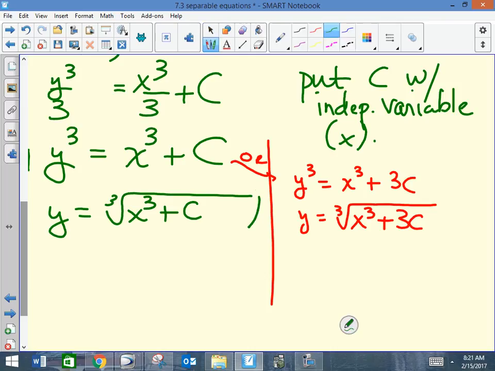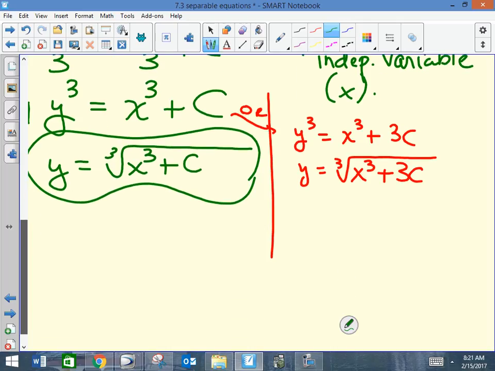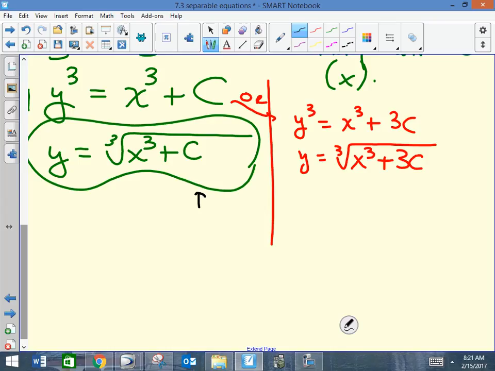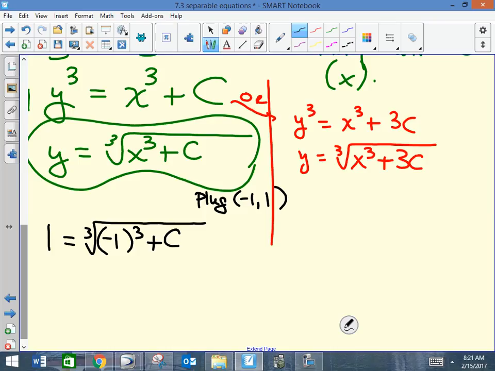I'm going to kind of circle that because I want to make sure that I know that's where I'm going back to. Now you are going to plug in, what was it, -1, 1? All right, so here we go. 1, -1, solve for C. Okay.